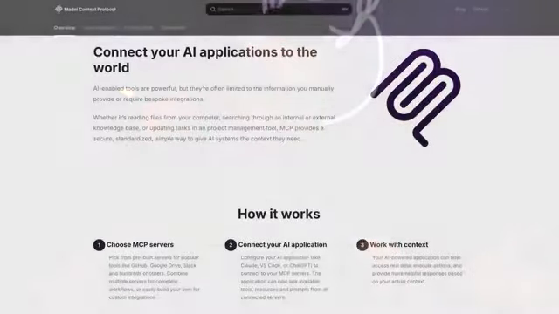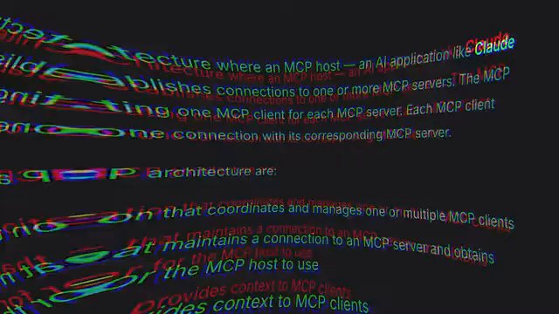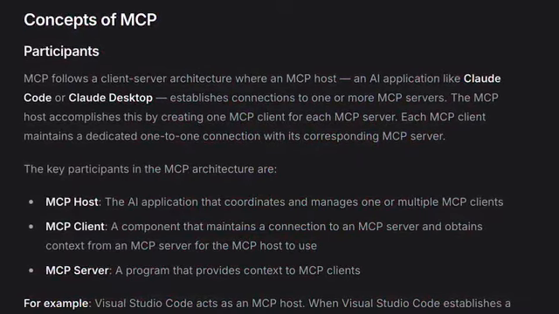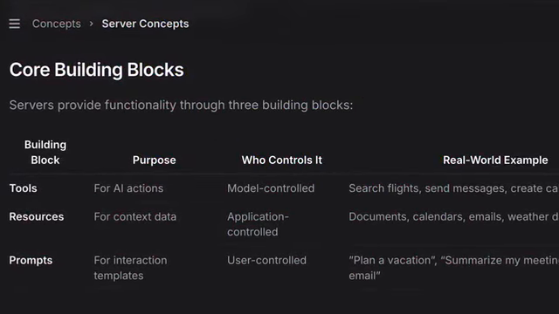MCP is an amazing standard because it abstracts away the messiness of using API calls with AI, describing to the LLM exactly how to interact with tools and software in plain language. But there's a ton of insecurity built into the MCP model. You have your MCP host, your MCP client, your MCP server, and then on your MCP server, you have 3 layers: tools, resources, and prompts. And in each of these areas, there are security concerns.